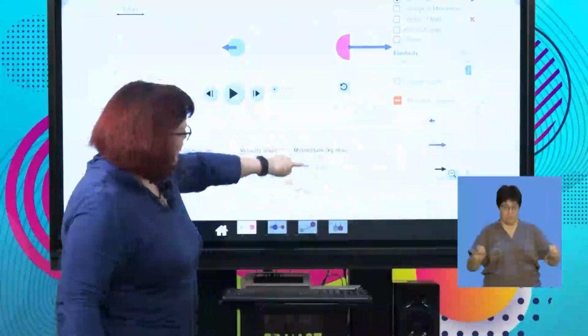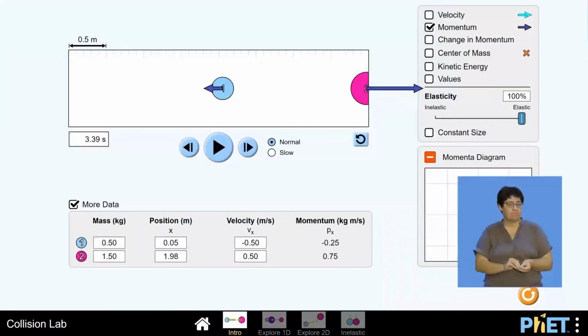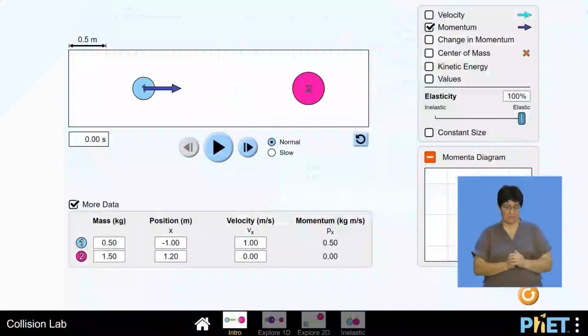As a result, the one went off and the other went off in the opposite direction. Now, if I look at my totals, number 1 now is minus 0.25. Number 2 is 0.75. If I add them together, I still get positive 0.5. Still positive 0.5 to the right. Momentum didn't change. Okay? Let's reset it.